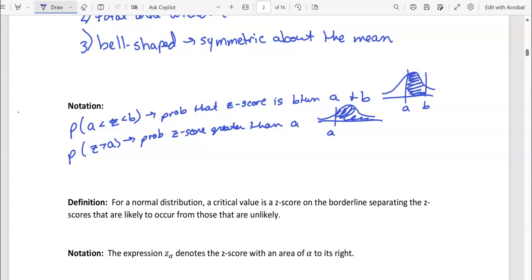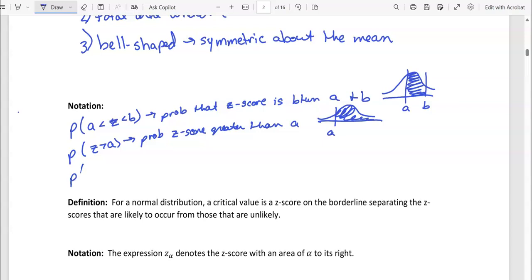So how do we find that area for that shape that's not a nice shape? That's where we would use technology to do that. Back in the day, we had z-score tables that we would use. Now we can use technology and be even more accurate than what we were with those tables.